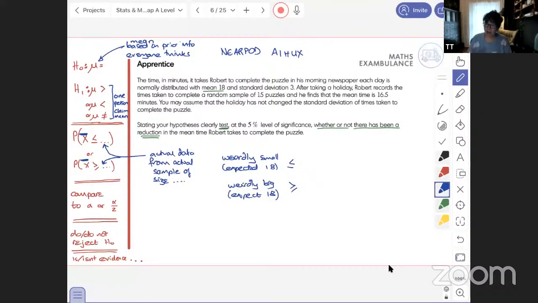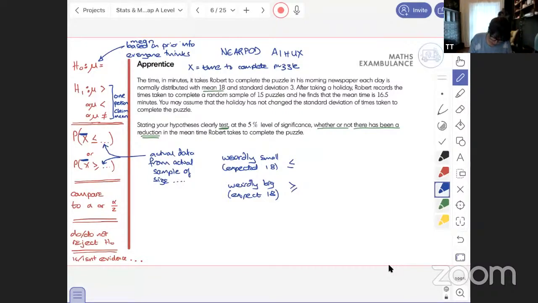Okay, X is the time taken in minutes to complete the puzzle. In general, in the world, in the population, well, it's Robert, but the time he takes to complete a puzzle across all mornings ever.